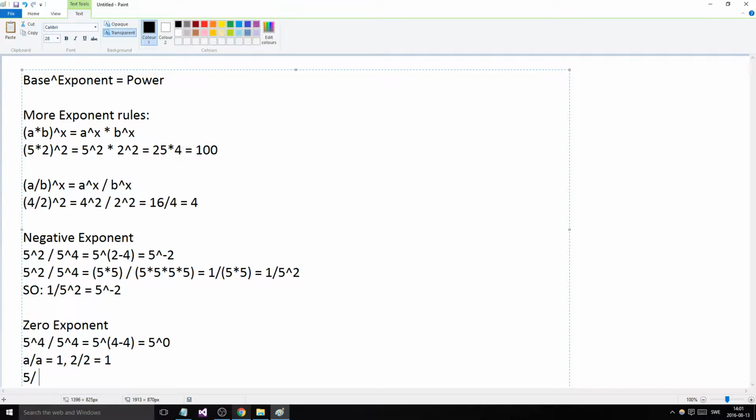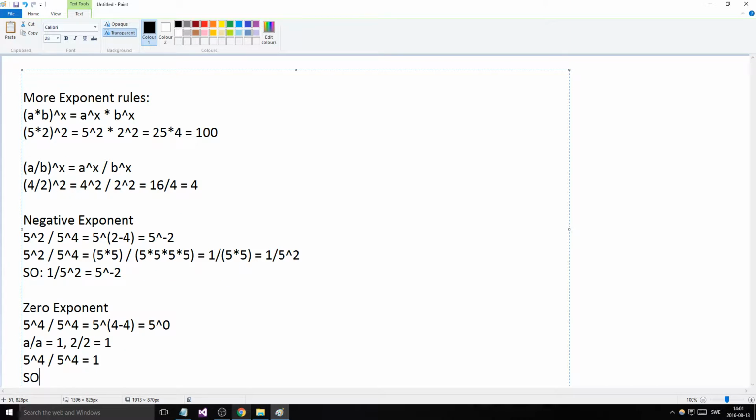So 5 to the power of 4 divided by 5 to the power of 4 equals 1. That has to be true. But this is also 5 to the power of 0. So what does this mean? Well, since these two are the same, then 5 to the power of 0 has to be 1. You'll be using this conversion a lot as well, so just keep that in mind.